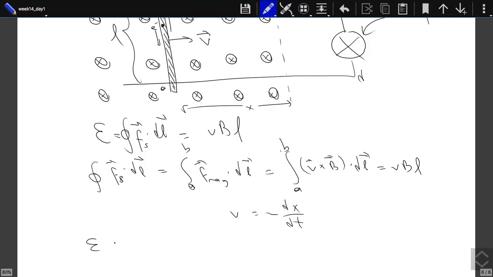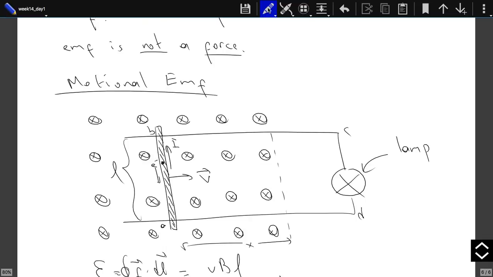So the EMF is equal to minus dx by dt times BL. This is minus d by dt of B times L times x. You see, L times x is nothing but this area over here. Area is just L times x.